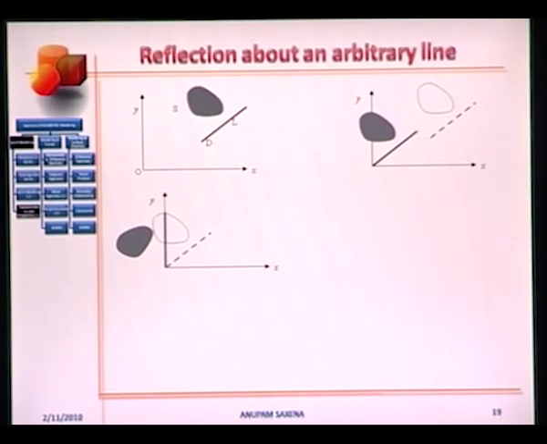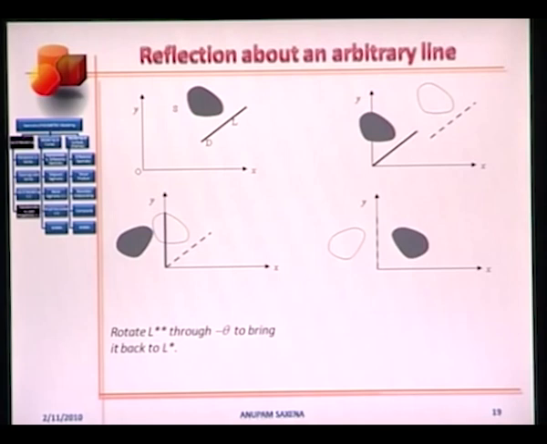Graphically, this picture depicts the reflection. Next step, rotate L double star through minus theta to bring it back to L star.